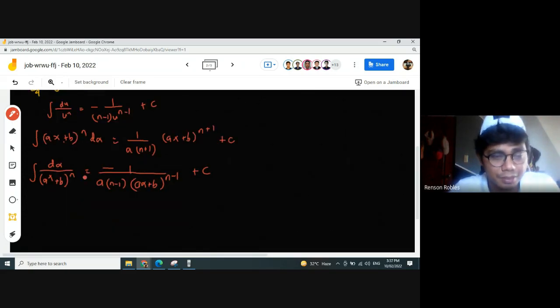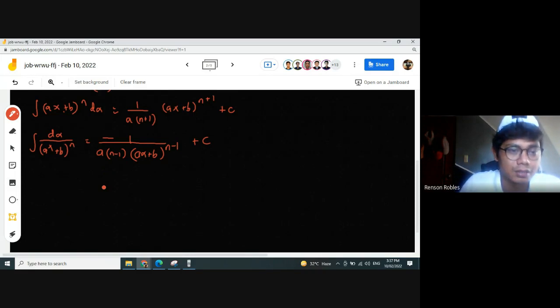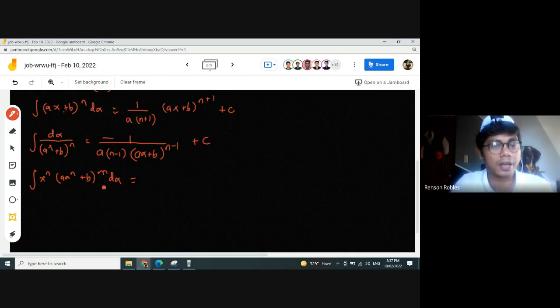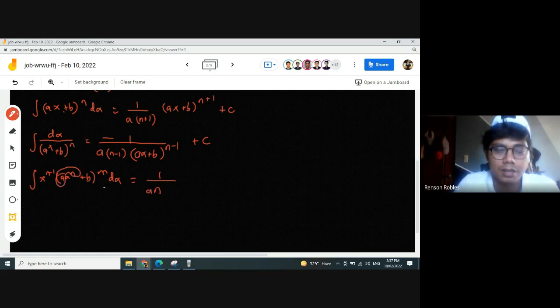And then another form is the form of x raised to n minus 1 times ax raised to n plus b raised to m dx. And this is equal to 1 all over a n, you just multiply this, all right? And then multiply it with m plus 1. Then you just simply copy ax raised to n plus b raised to m plus 1, whatever is this, write it there. Then you add c.